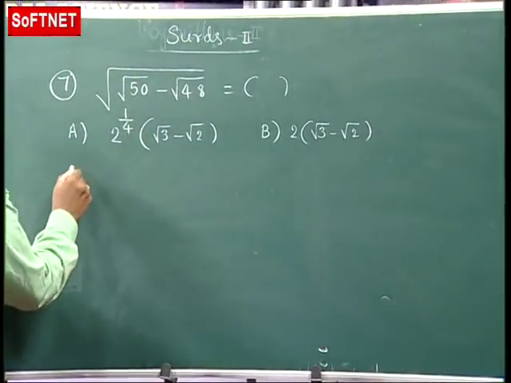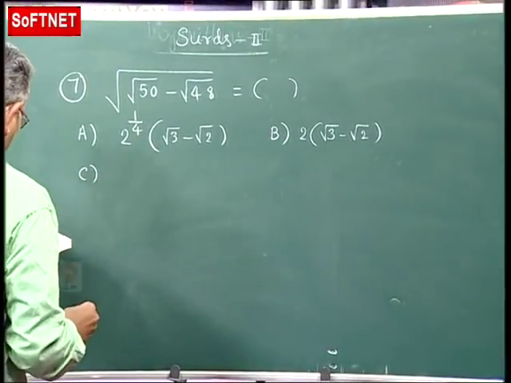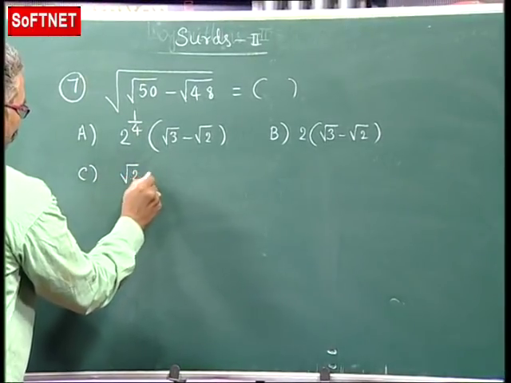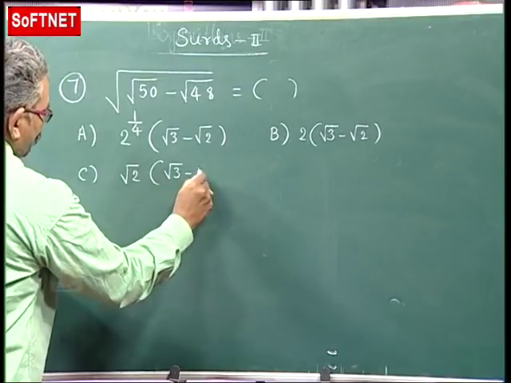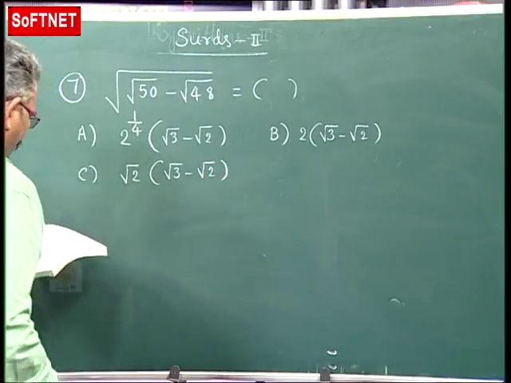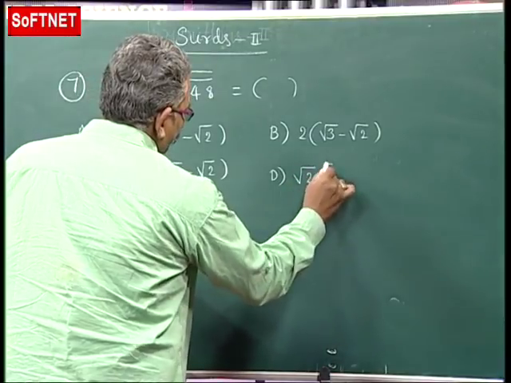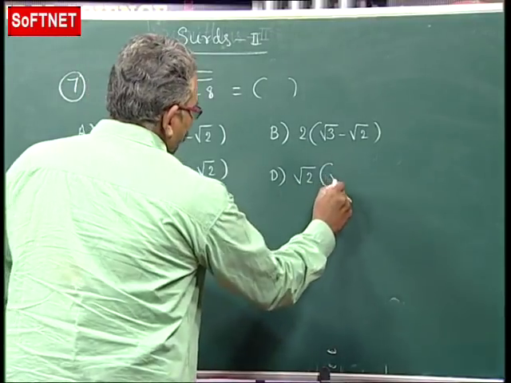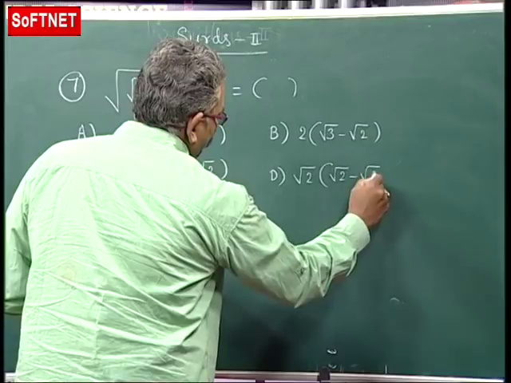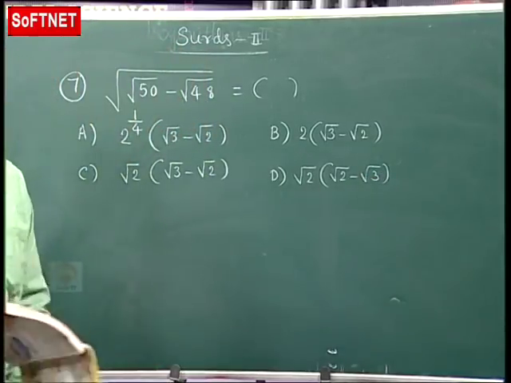Now C, root 2 into root 3 minus root 2, D, root 2 minus root 3.